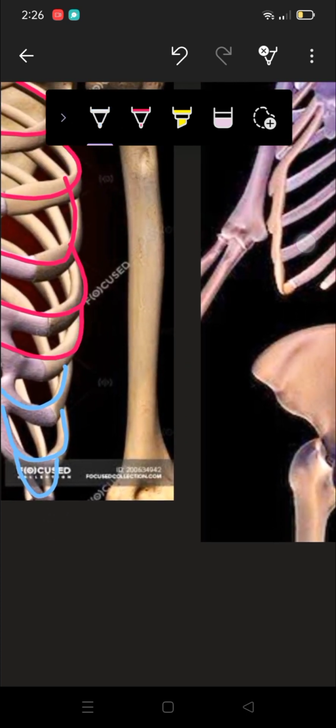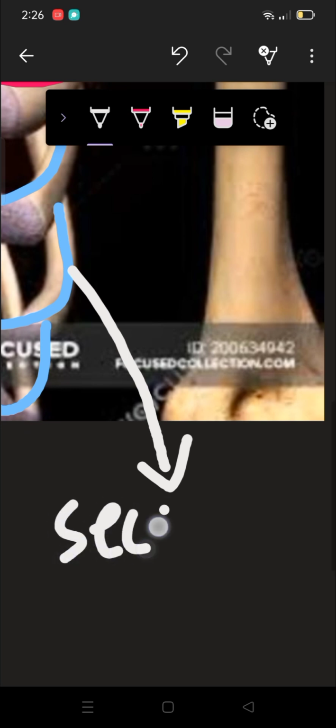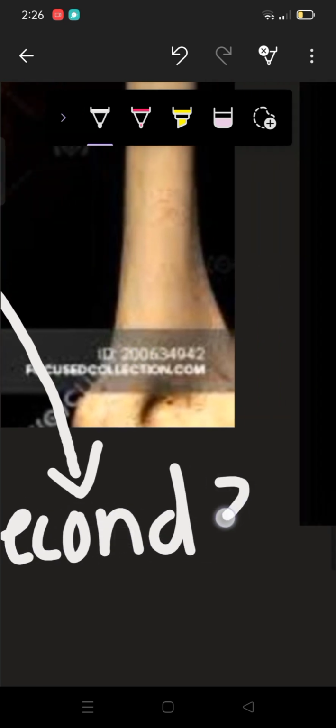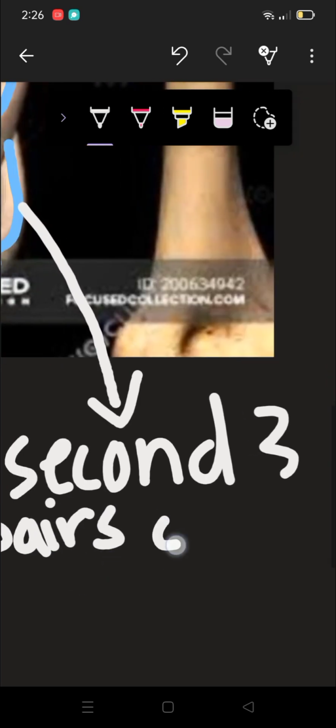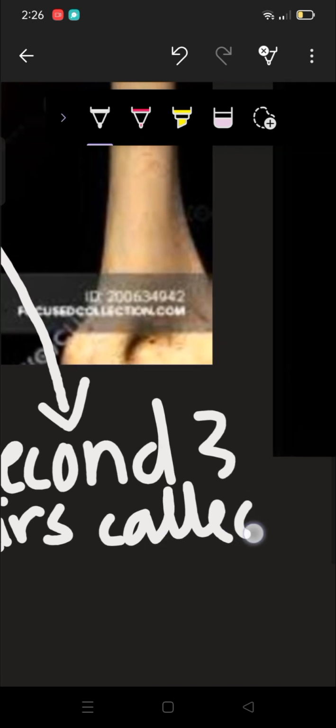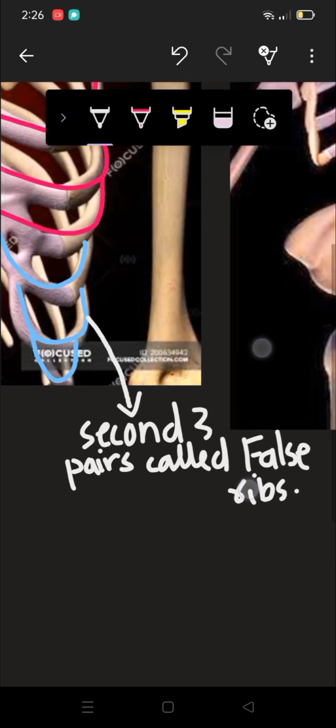These are called false ribs. The second three pairs are called false ribs. Let me highlight this as well. The second three pairs of ribs are what we call the false ribs.